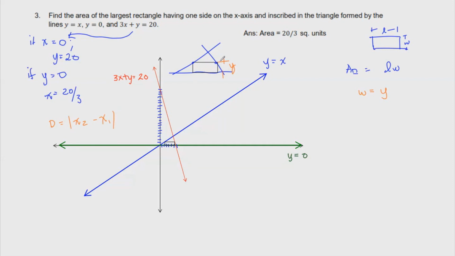So if I have x sub 2 right here, and then y sub 2, and this one is x sub 1, y sub 1, wherein we know that y sub 2 is equal to y sub 1, then we're left with x sub 2 minus x sub 1 being our distance. So in this case, the length is x sub 2 minus x sub 1.